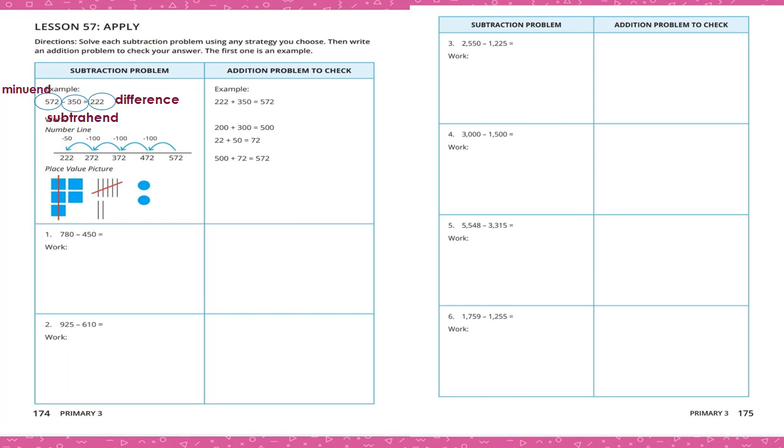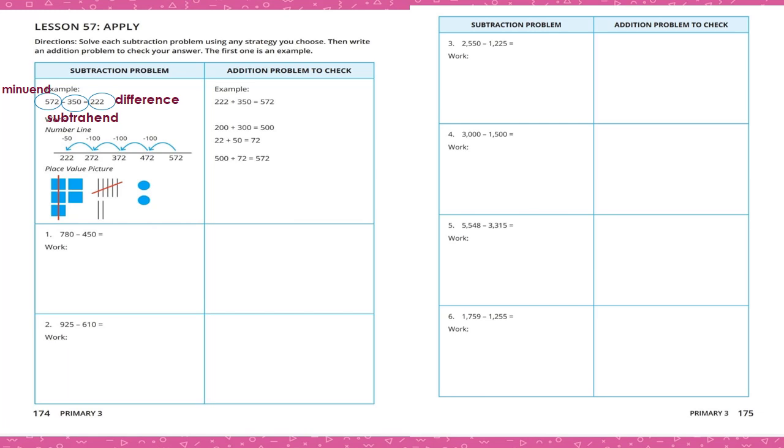We wanted to cancel 350. 300, it means cancel 3 big squares, like the picture. 5 in tens, cancel 5 sticks. 0, I don't cancel anything in the dots.